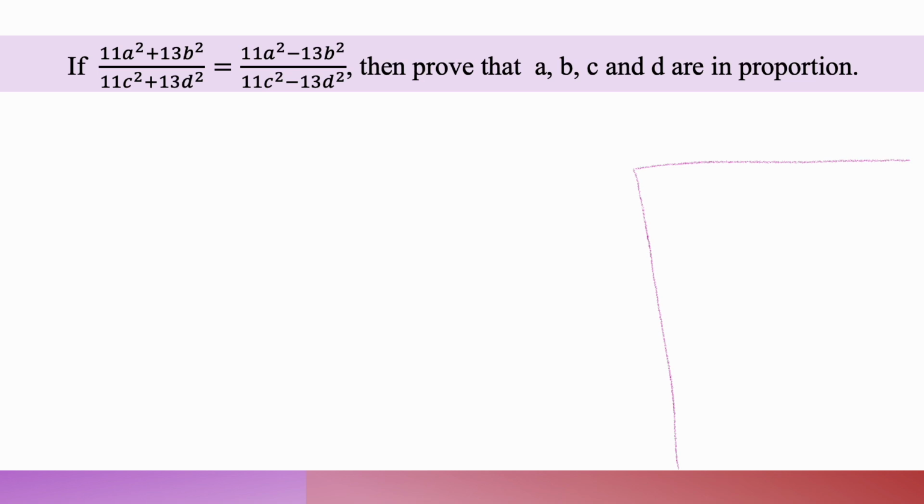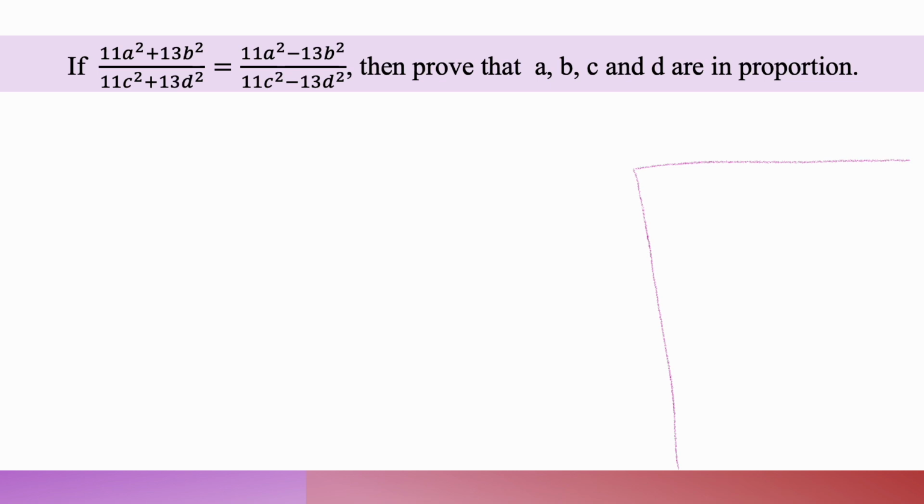Moving on to the next question, if (11a square plus 13b square) upon (11c square plus 13d square) is equal to (11a square minus 13b square) upon (11c square minus 13d square), then prove that a, b, c, d are in proportion.